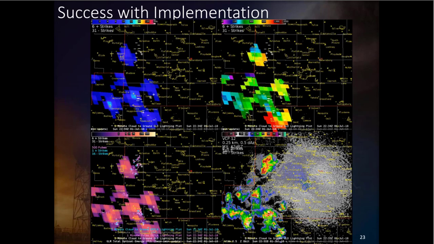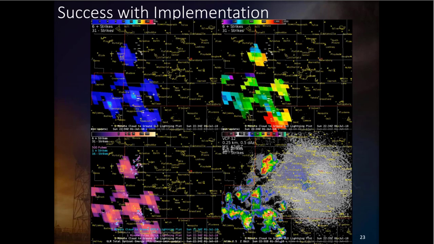That's a good question, and I know that there's research ongoing to try to figure out exactly what the numbers are. We had a case last year where we had a lightning strike take out our 88D, and we got the time because of the last data point that came in across the RDA from the radar.